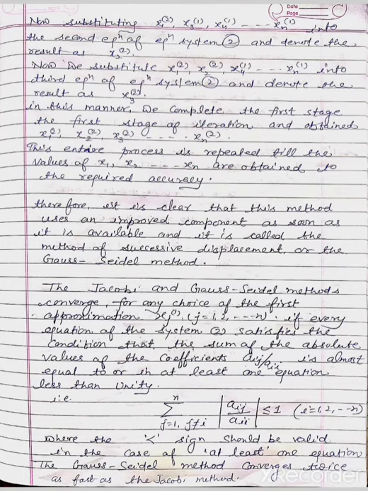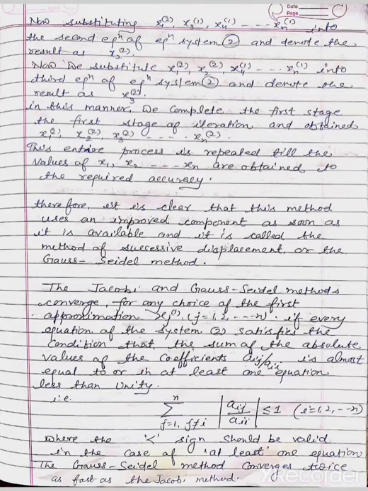Now we have the second approximation for x1 and x2. These second approximations for x1 and x2 and the other first approximations are used in the third equation of equation system 2 to obtain the second approximation for x3.